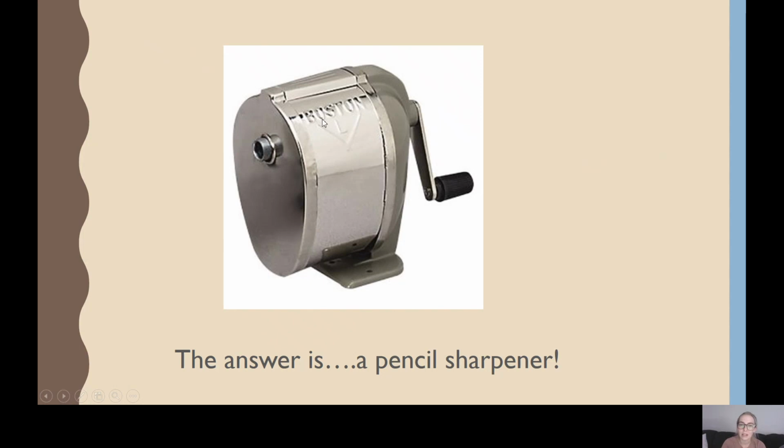The lever controls some gears on the inside. So it wasn't electric. You couldn't just put your pencil in the hole and let it go. You had to manually crank it to sharpen your pencil. It was a big pain. The electric sharpeners are so much better. But this was a pencil sharpener before we had electric ones.